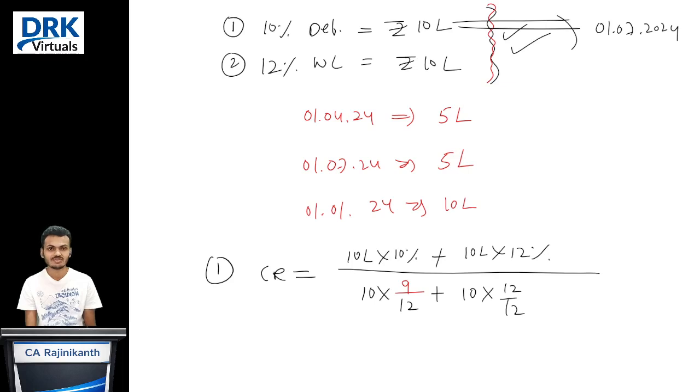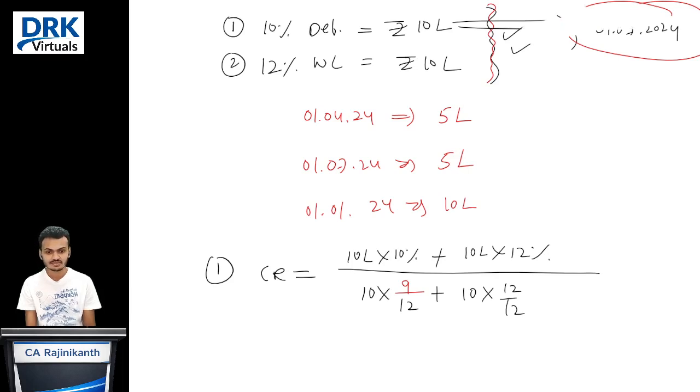Are you able to understand what I'm saying? In the first discussion, I have taken 12 by 12 because those debentures are outstanding throughout the financial year. After that, I created a situation. What is that? These debentures were issued on 1st July 2024. It means the debentures were outstanding for 9 months only. So we should take 9 months. Okay. And coming back to our original situation.